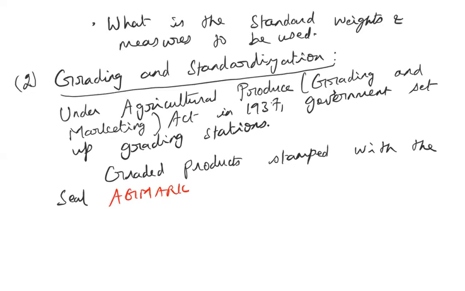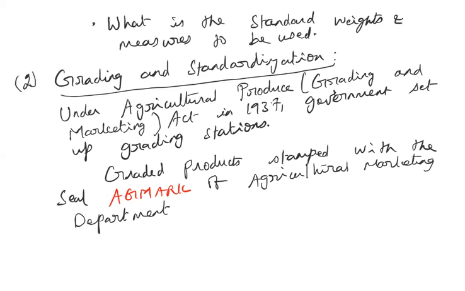This is the seal given by the Agricultural Marketing Department of the country. All the agricultural products which are sealed with the Agmark symbol represent the standard quality, so they fetch a better price.